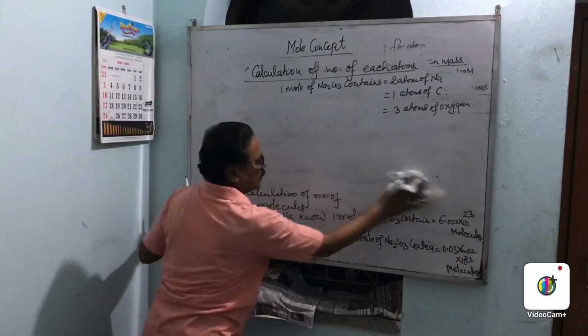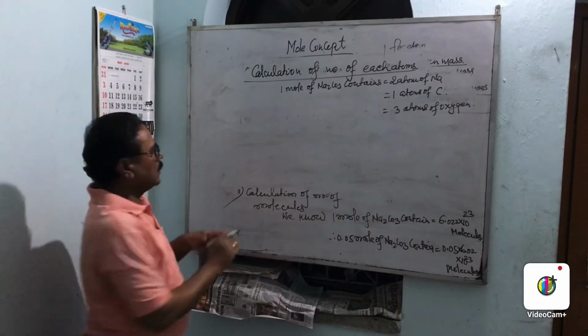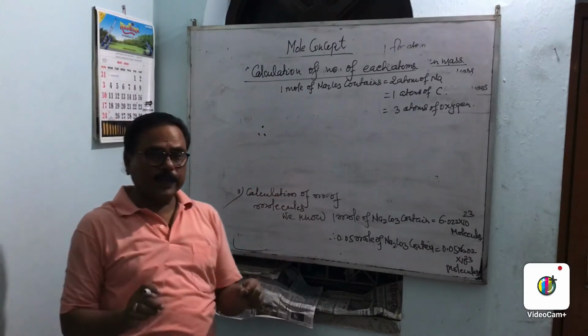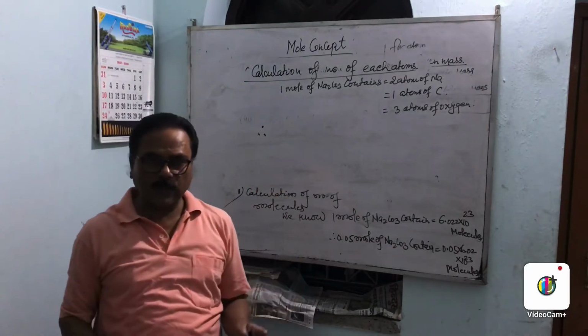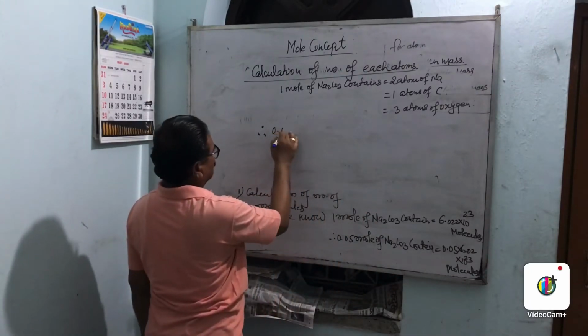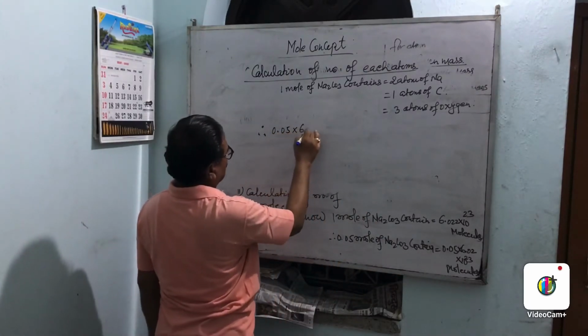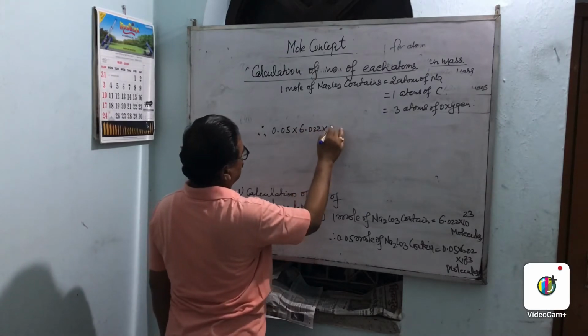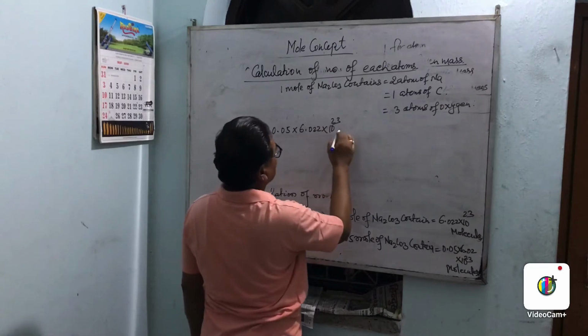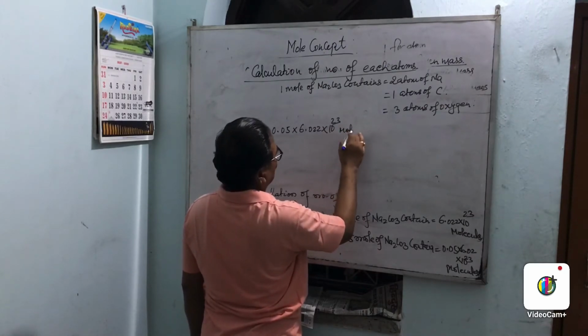Therefore, in 5.3 gram of sodium carbonate, it contains 0.05 mole, that is 0.05 multiplied by 6.022 into 10 to the power 23 molecules.